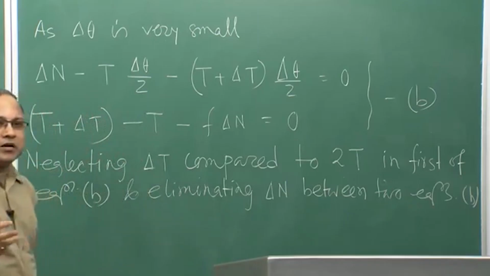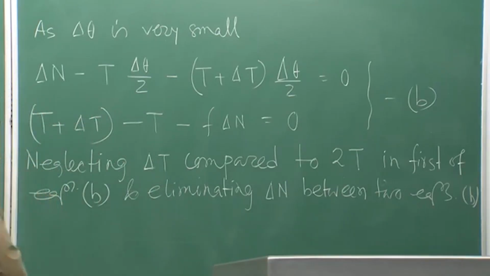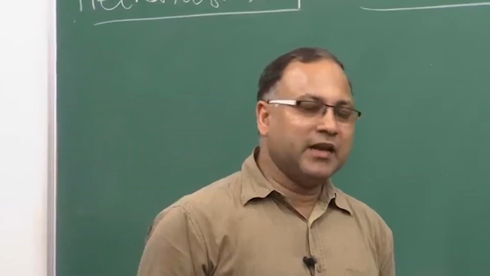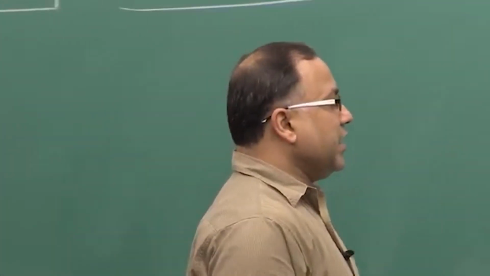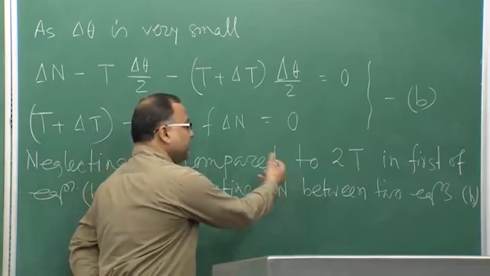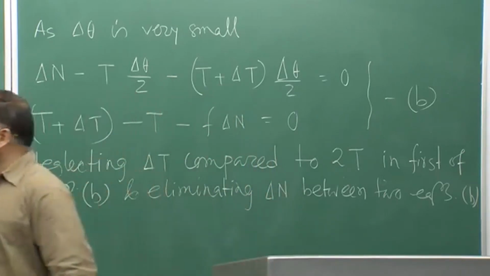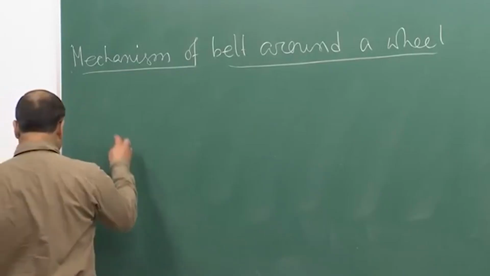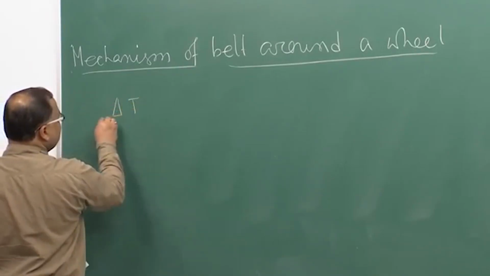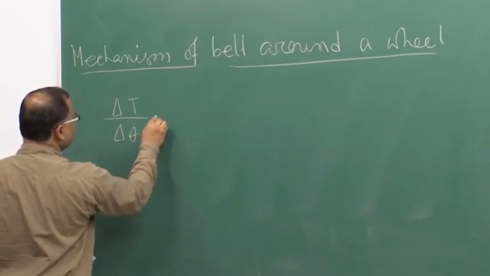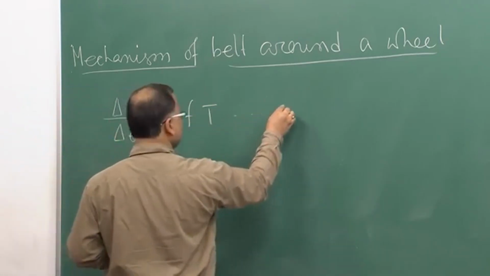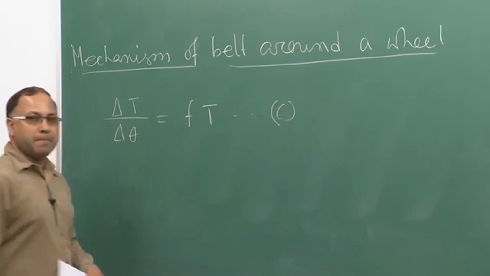So, we are considering delta t very small compared to twice of t, therefore we can neglect that part, and we are eliminating delta n between these two equations. If we do these two operations, we will simply get delta t by delta theta equal to f into t. So, equation C is here.